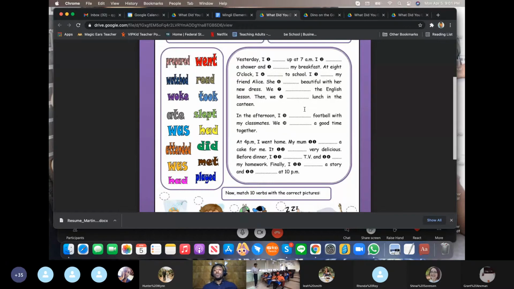So if you read something, it's pronounced read. But if you did that in the past, it's read, like the color almost. So I read a book. I like to read. Spelled the same, but it sounds a little different.